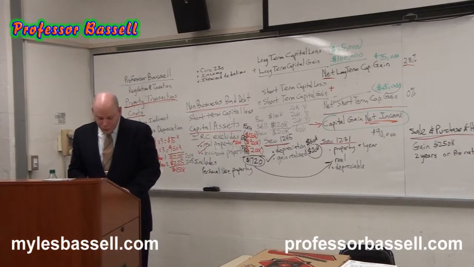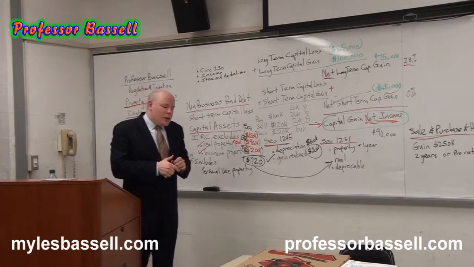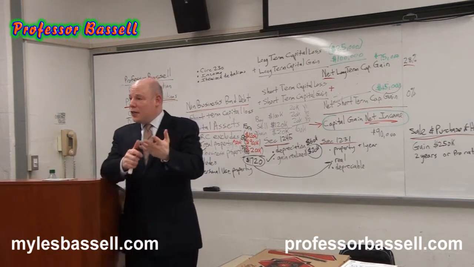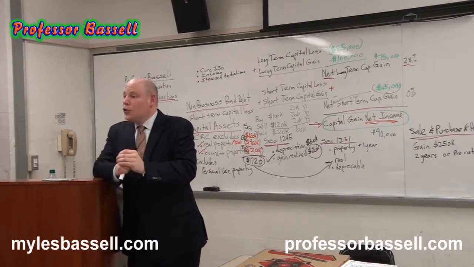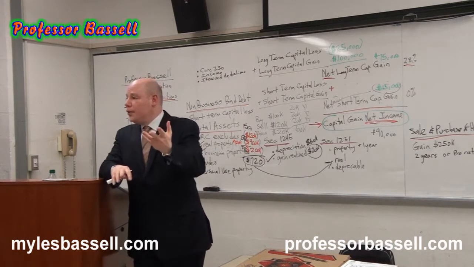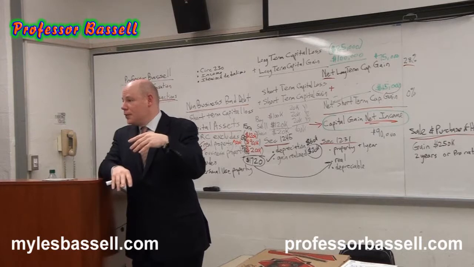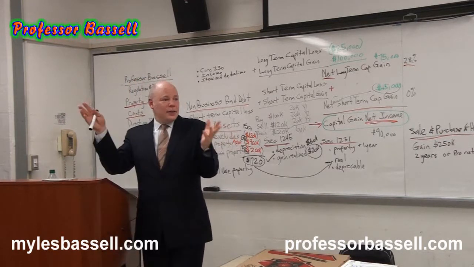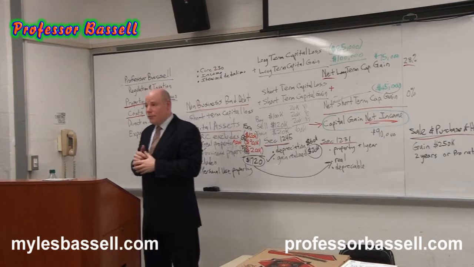So one of the questions was, remember we went through this scenario in class? What happens if in 2011 you have withholding from your check of $15,000 for New York State and local income tax?